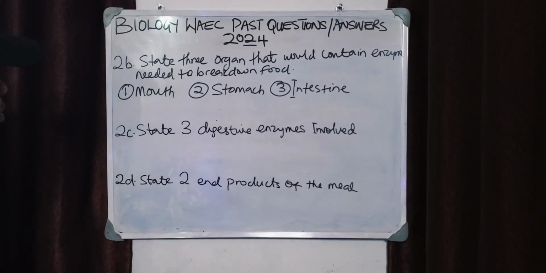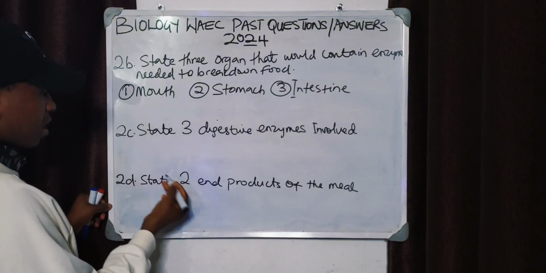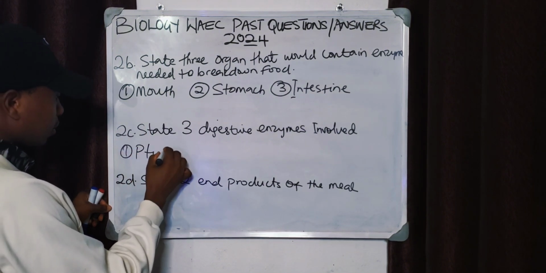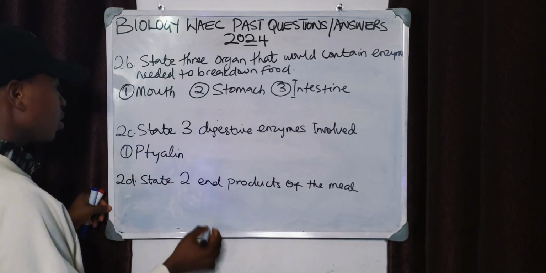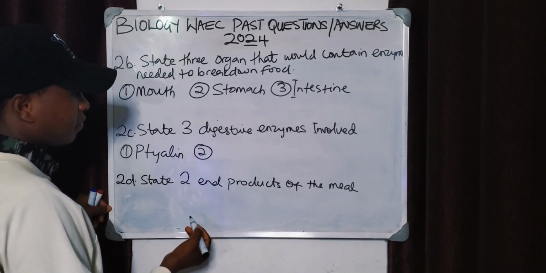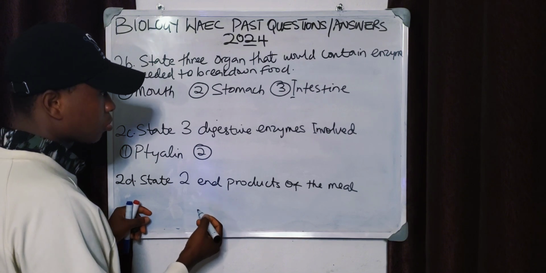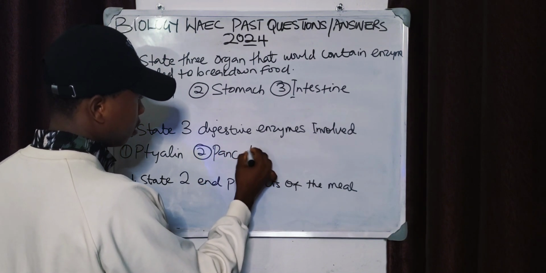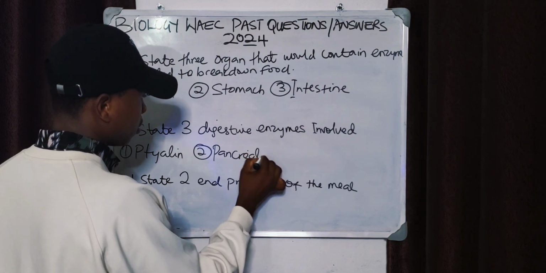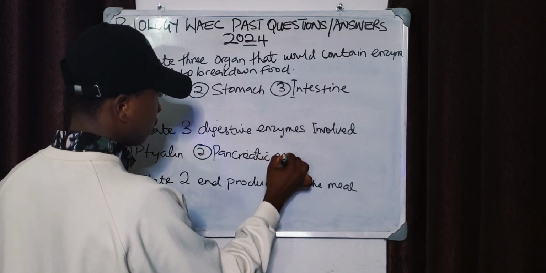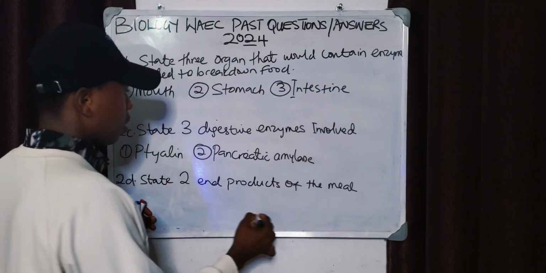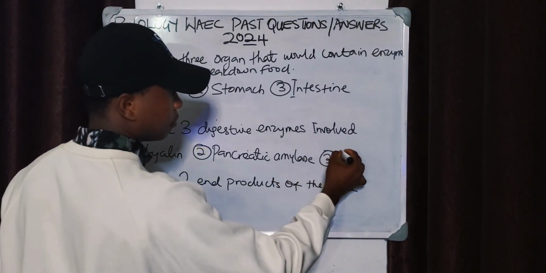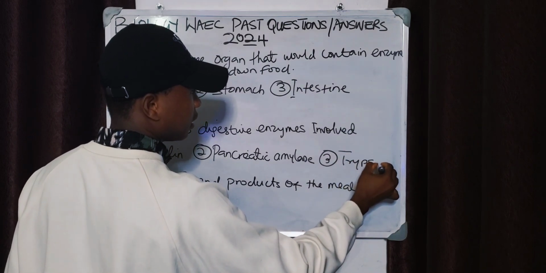In the case of the mouth, you can have ptyalin. You can have pancreatic amylase. And you can have, let's say, trypsin in the small intestine.